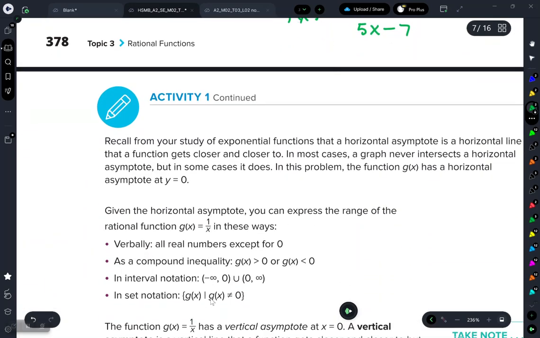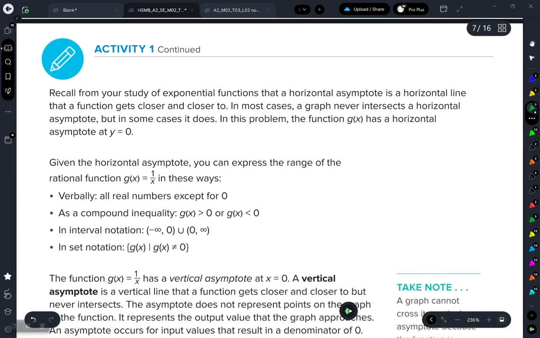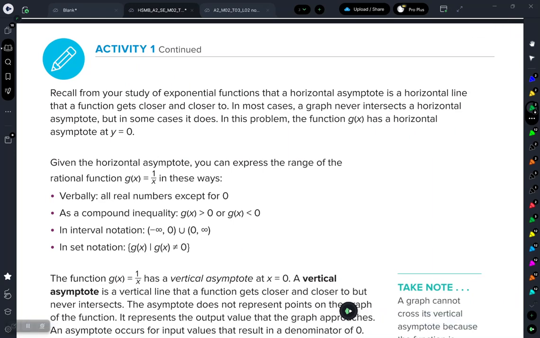Okay. Recall from your study of exponential functions that a horizontal asymptote is a horizontal line that a function gets closer and closer to. In most cases, a graph never intersects a horizontal asymptote, but in some cases it does. And you will see some of those cases as you study rational functions.